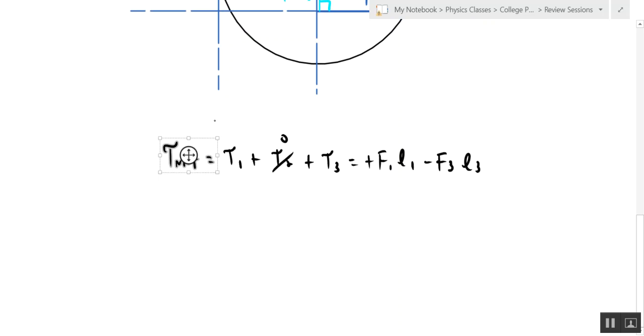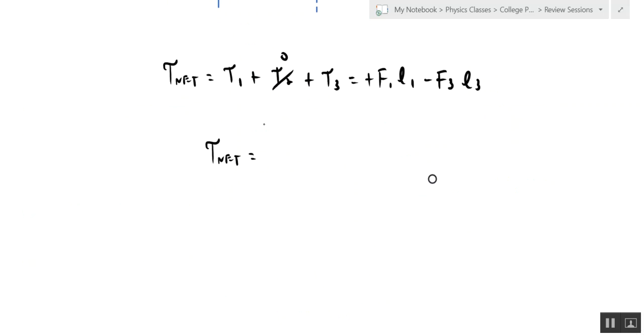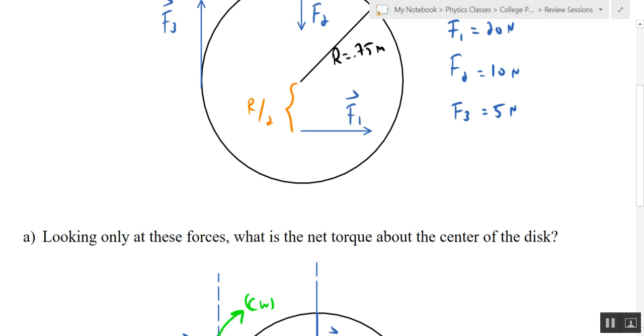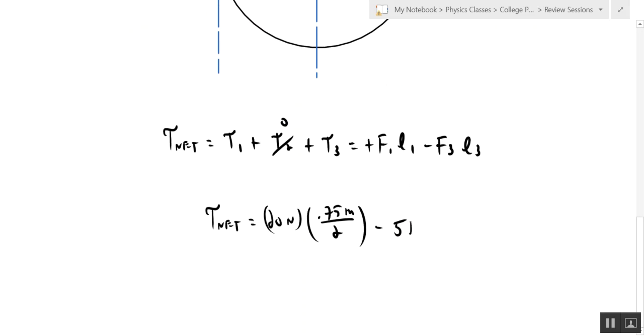Then you just put in the numbers and see what you get. F1 was 20, so it's 20 times L1, which was 0.75 meters over 2, the radius divided by 2, minus force 3, which was 5, times the radius.